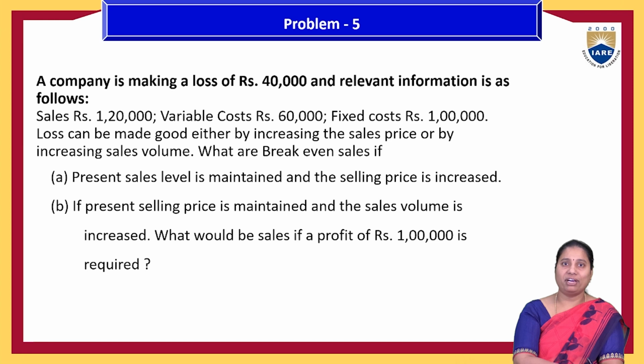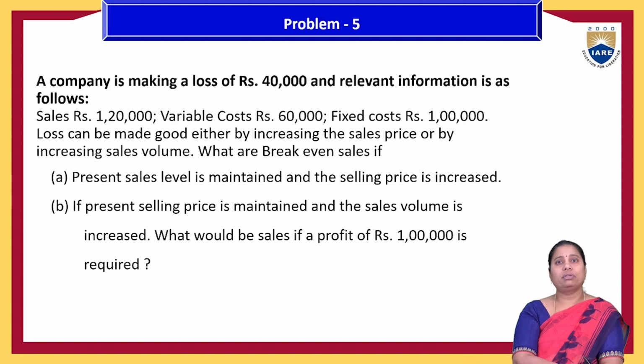And the problem number 5. A company is making a loss of 40,000 and relevant information is as follows. Sales worth 1,20,000, variable cost worth 60,000 and fixed cost of 1 lakh. The loss can be made good either by increasing the sale price or by increasing the sales volume.